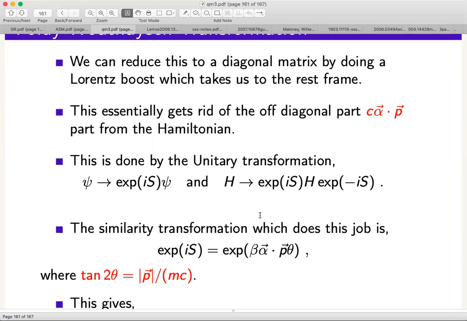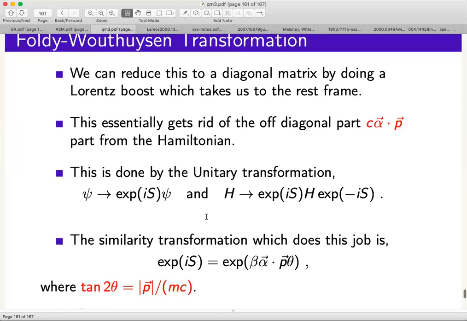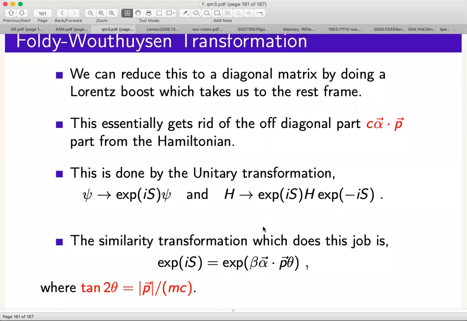And then what you do is that you expand, look at a few terms and ask, how do I diagonalize the piece? You know already that first term would be h, which already contains the off diagonal piece, which is alpha dot p. You want to look at a term which is a commutator of s with h, and you ask whether that commutator contains an off diagonal piece with the opposite sign, such that it cancels the off diagonal piece in the Hamiltonian.